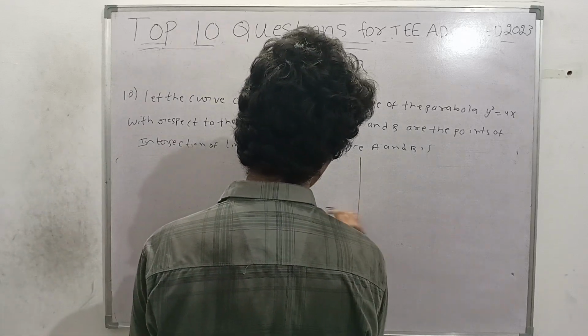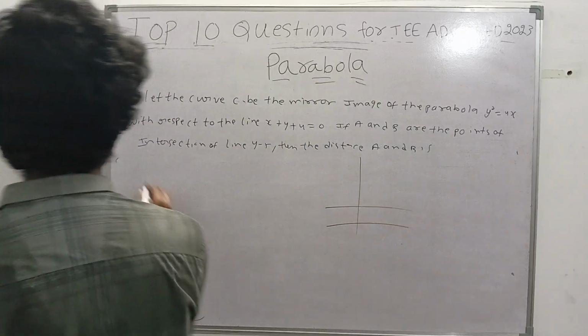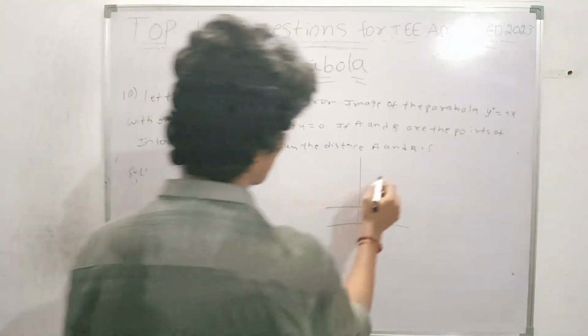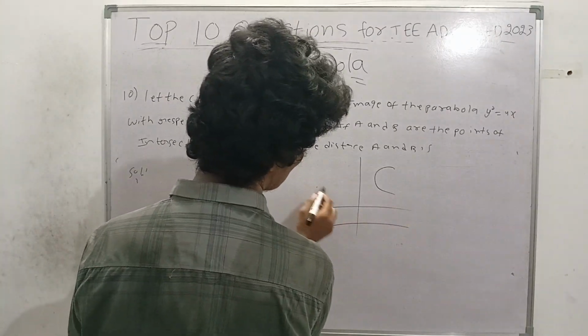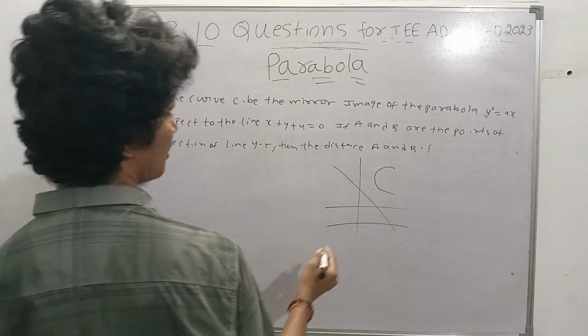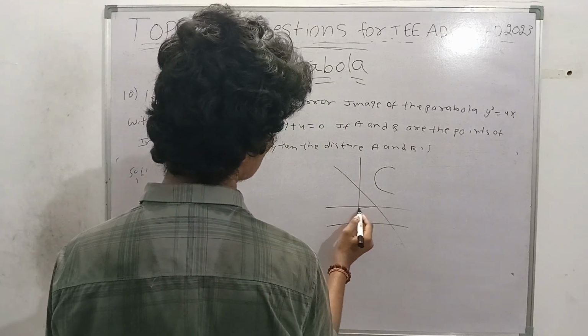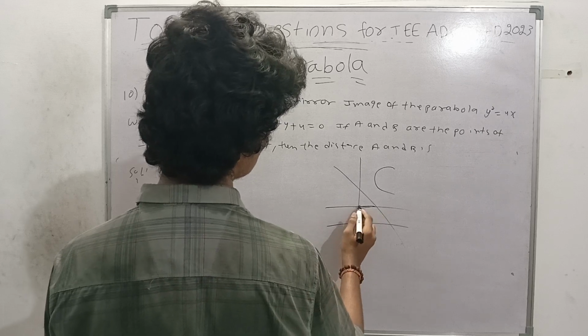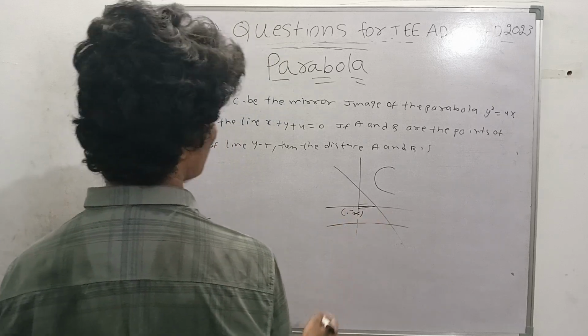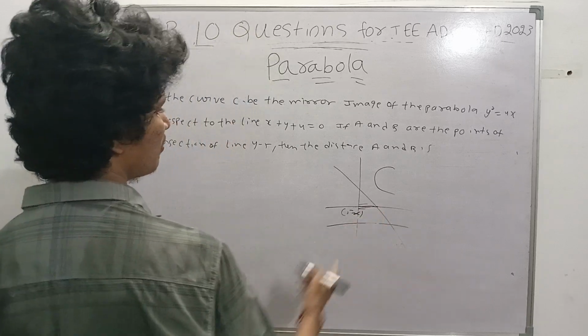Basically this is the line y equal to minus 4, and there is a curve C. Suppose this is the parabola and this is the curve, this is a point here, and they are asking this distance. If I take alpha, and this point we have to find what this point is.